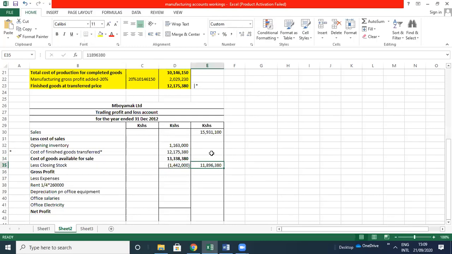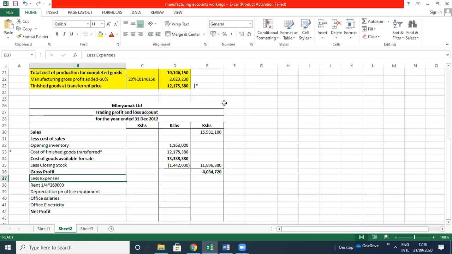It should be. Good. And therefore, when we less that from the sales, then we have a gross profit of 4,034,720. You can confirm that.